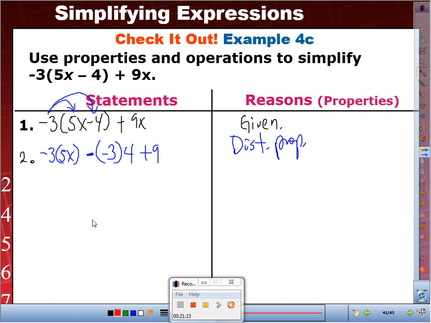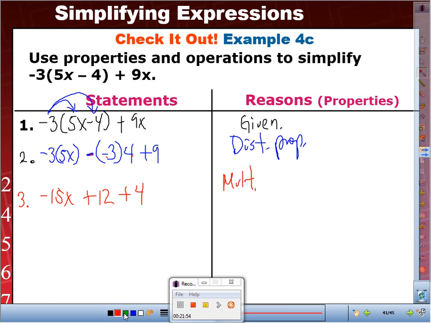What do I do from there? Pass to someone? Isaac. Multiply. So then we get -15x, -3 times +4, that's -12. But there's a negative, and that becomes what? +12 plus 9x.